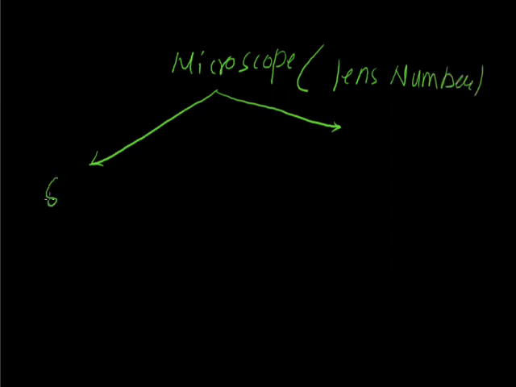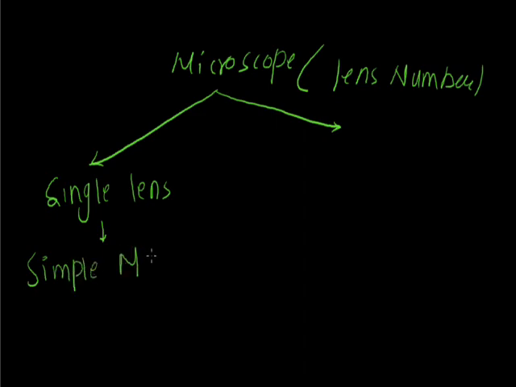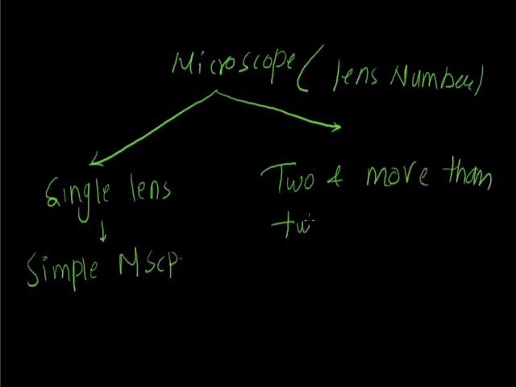When only a single lens is used, this microscope is called a simple microscope. And when two or more than two lenses are used, this is called a compound microscope.